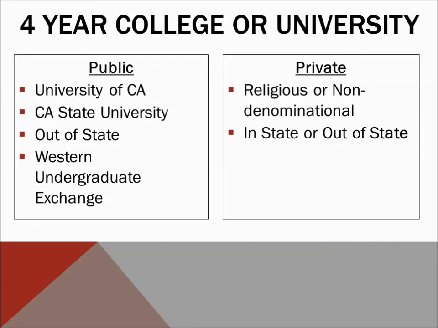Now we know the vast majority of our students are thinking about attending a 4-year college or university directly after CHS. And so one way to think of the 4-year institutions is that they are usually either a public institution, such as our Cal State and our UC system, or they can be private institutions. They could be in-state or out of state. So our public universities, for example, would be Cal Poly Pomona, Cal State Fullerton, San Diego State, UCLA, UC San Diego, UC Berkeley.